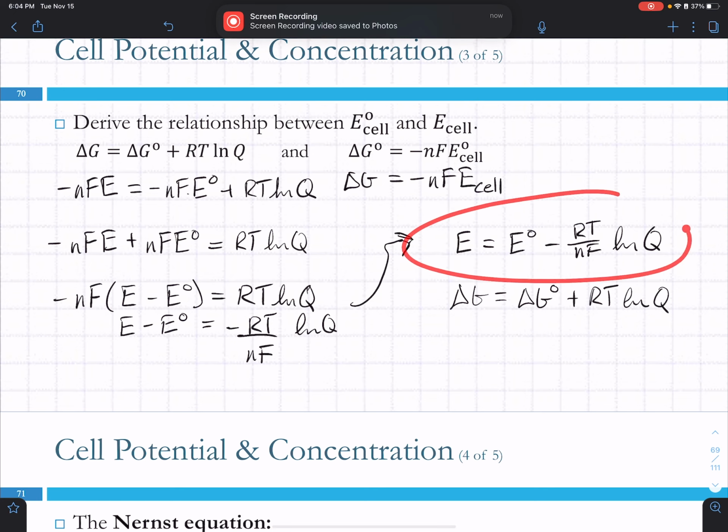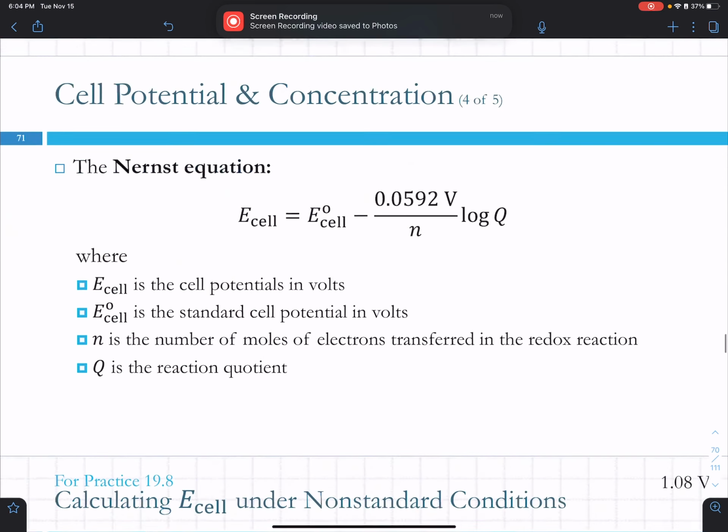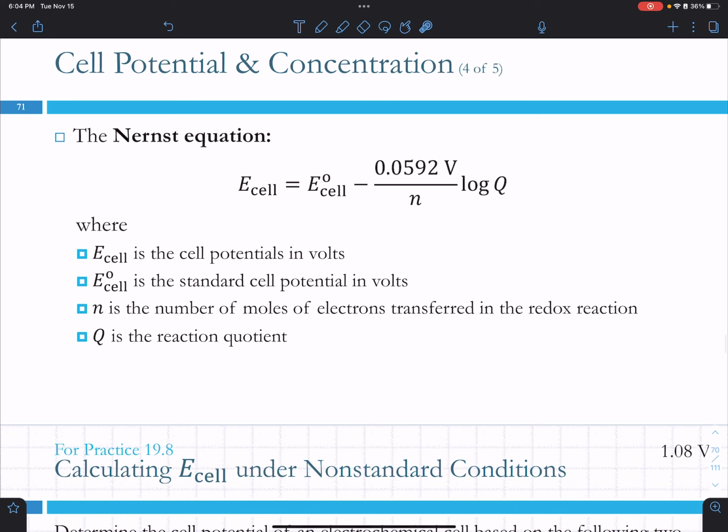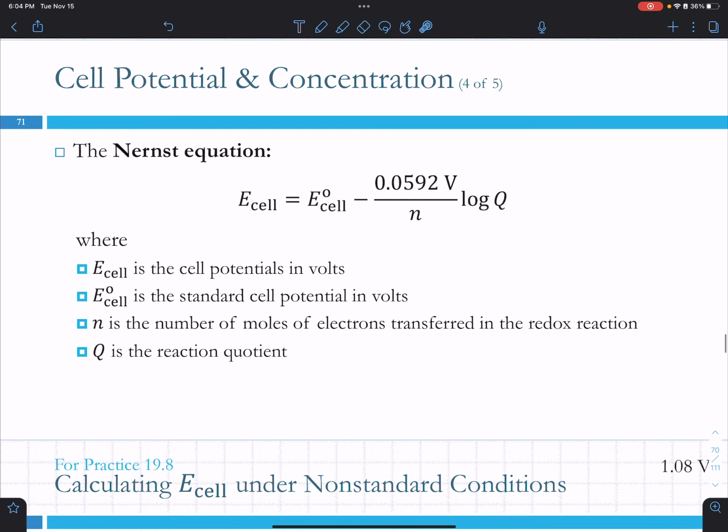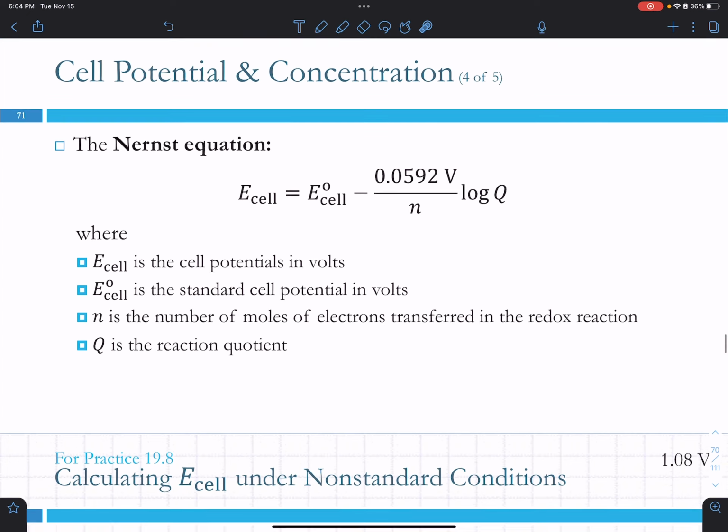The same thing applies here. We'll get to those. This is the Nernst equation that you can use to calculate cell potentials at any concentrations.